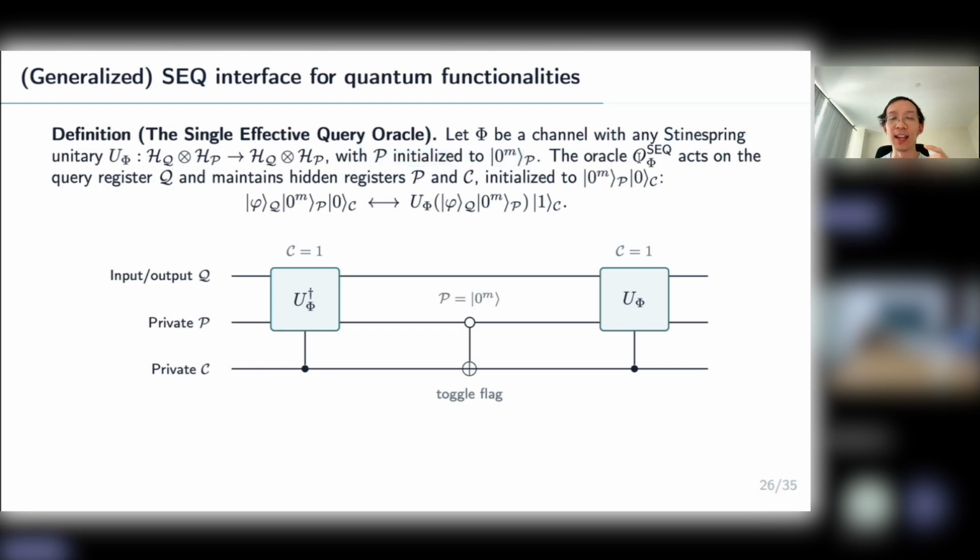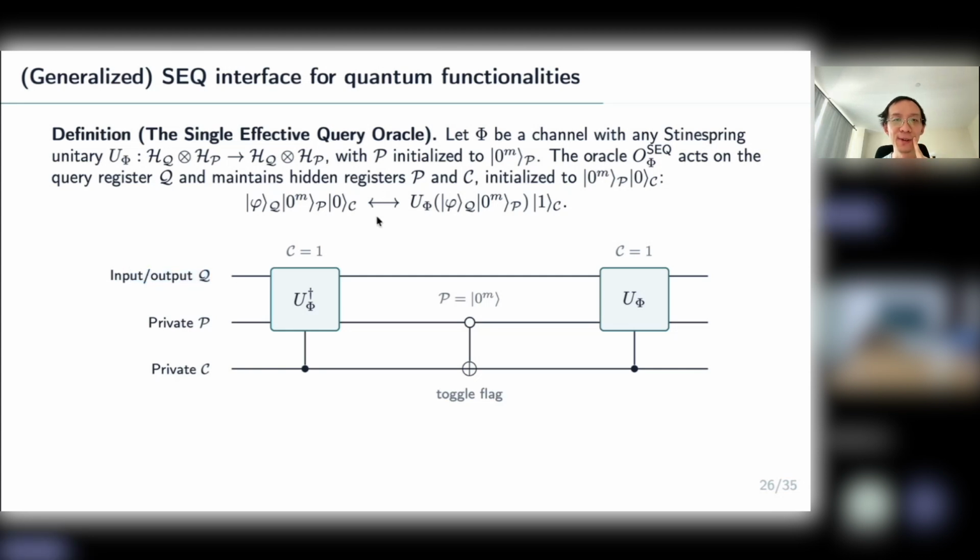Okay, so the SEQ query interface acts on 3 registers. Again, it acts on the input-output register Q of the original channel and the private purification register of the dilation unitary. There is also a third register, a hidden counter register C, which is just a single qubit. All of them are initialized to 0, except for the input-output register, which the adversary, or the user, gives.